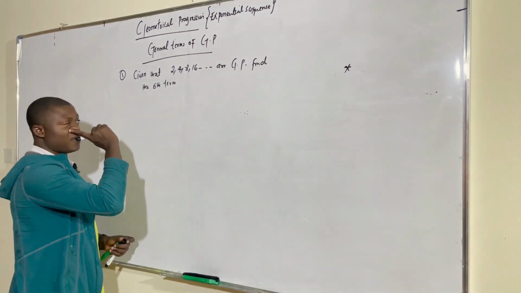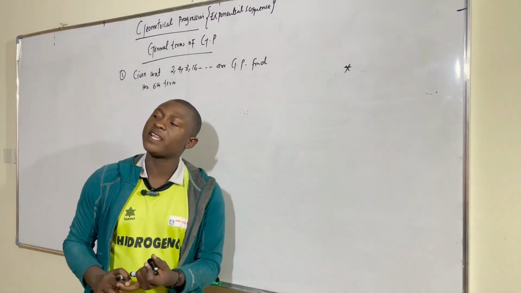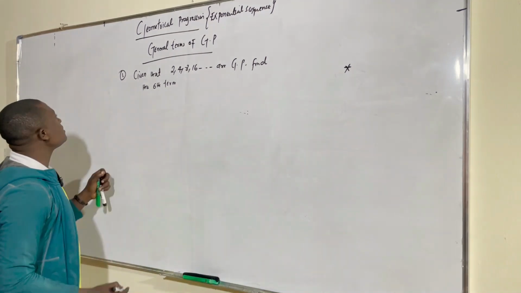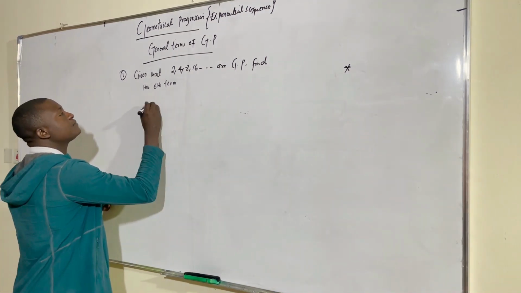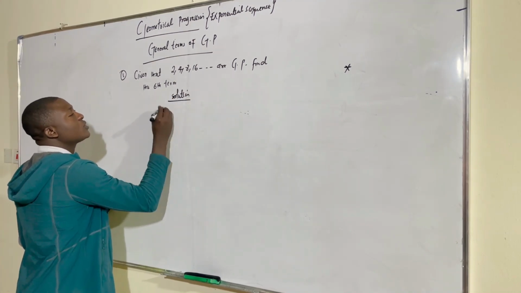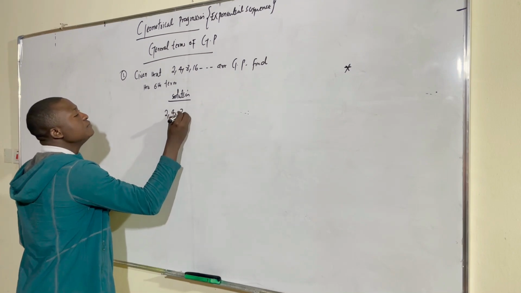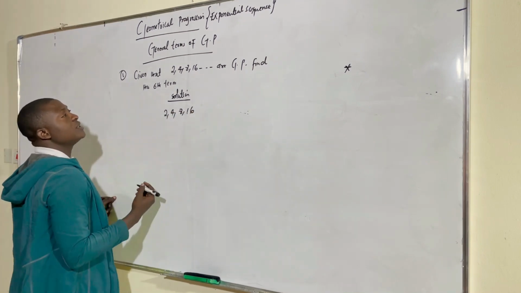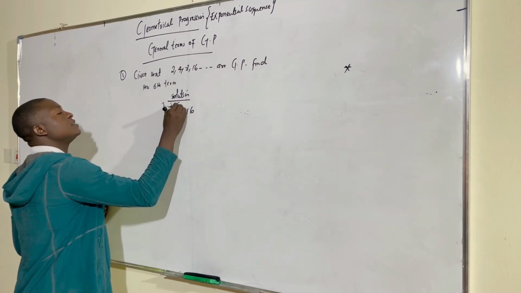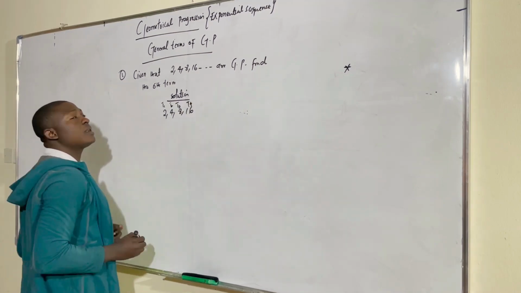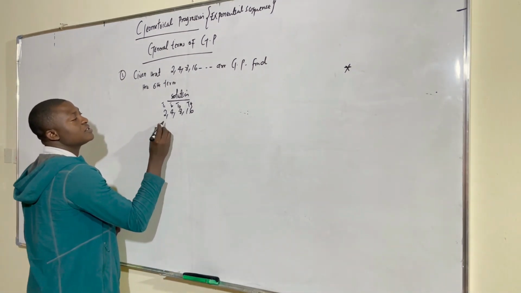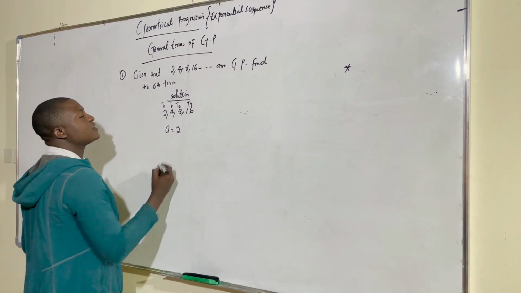I told you the first thing we are going to do is to find our first term, as well as our common ratio. So solution: what's going to be our first term here? Yes, that's going to be 2, of course. This is the first term, this is the second term, this is the third term, and this is our fourth term. So in the given sequence, my first term is 2.